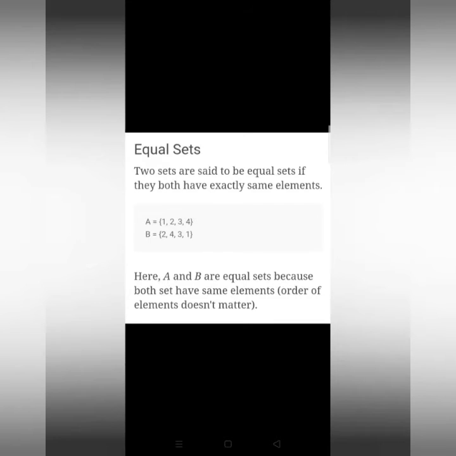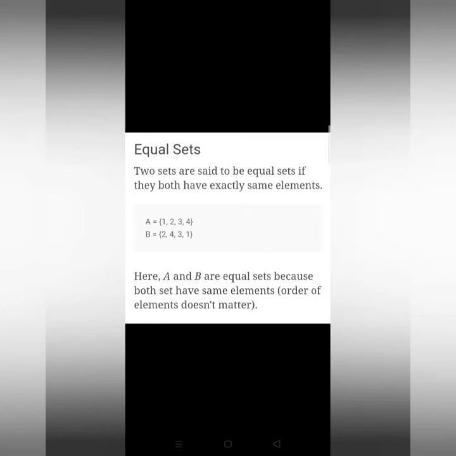That is called equivalent sets. Equal sets means the number of elements is equal and the elements are also the same. Those sets are called equal sets.